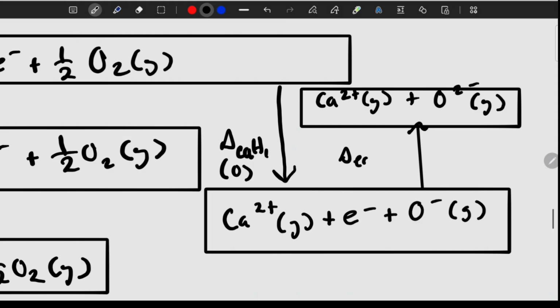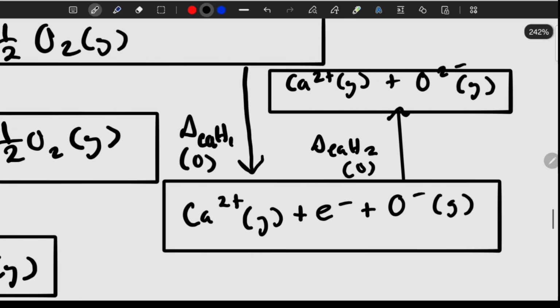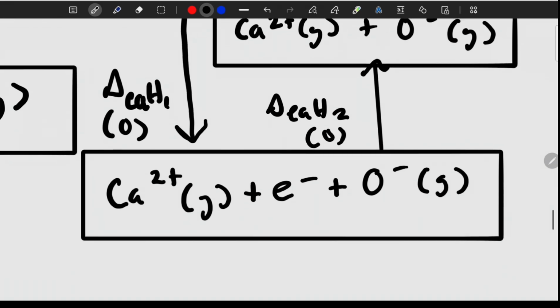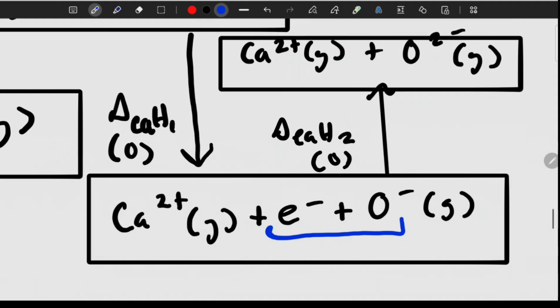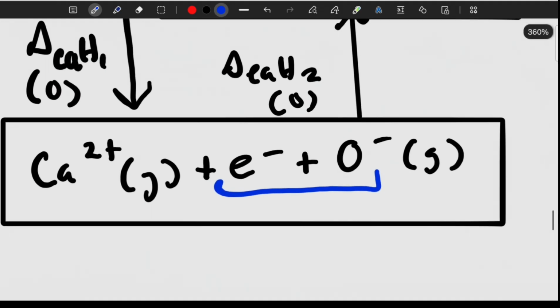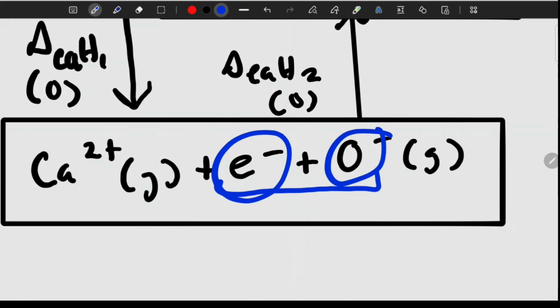And the reason why there's an electron here and an oxygen here, in different colors, is because, remember, the second electron affinity is formed because there's repulsion between the negative ion, which is this, and the electron, which is that, so energy is needed to overcome the repulsion.